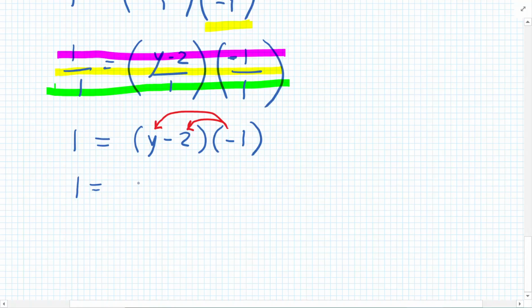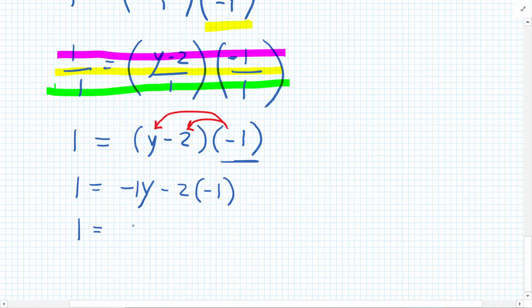We have negative 1, which I've underlined, times y. Well, that is negative y, or negative 1y. Negative 2 times negative 1 is equal to minus 2 times a negative 1.